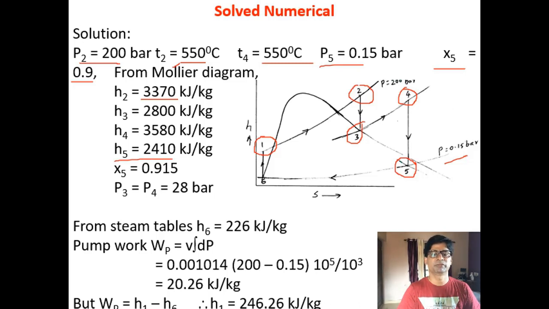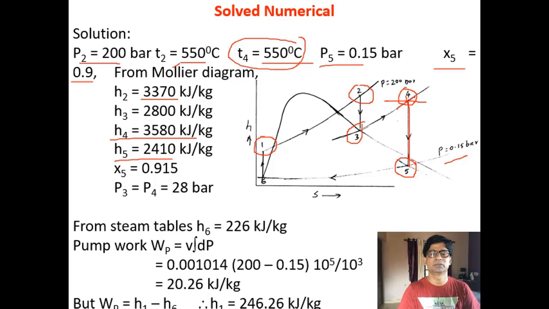Noting down H5, from point 5 you go up till it intersects the 550 degrees Celsius line, because the temperature at 4 is 550 degrees Celsius. So that is nothing but H4.